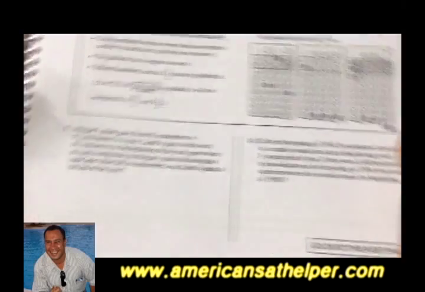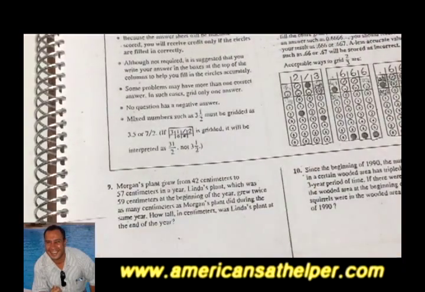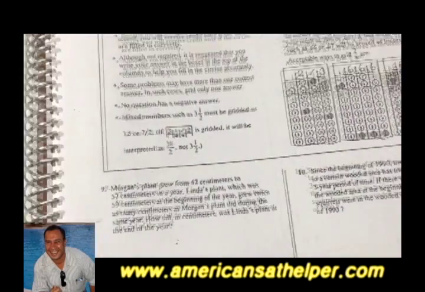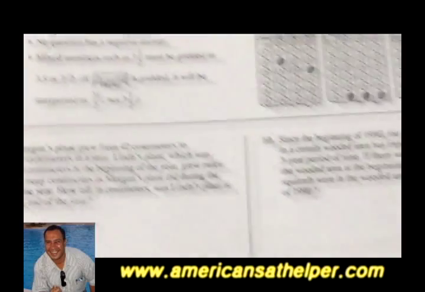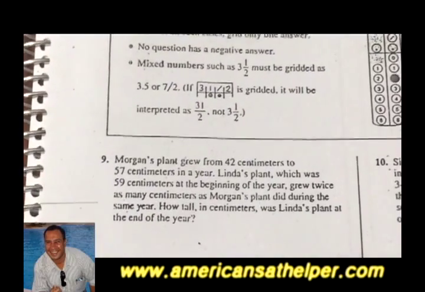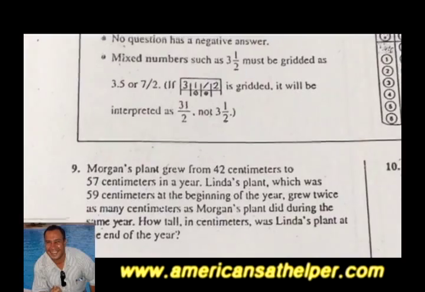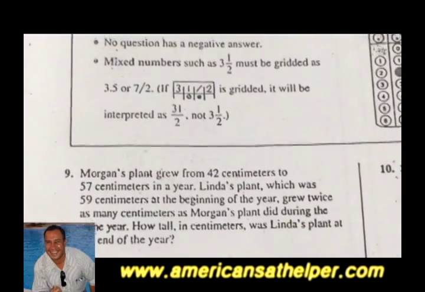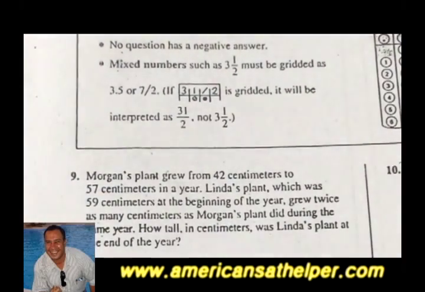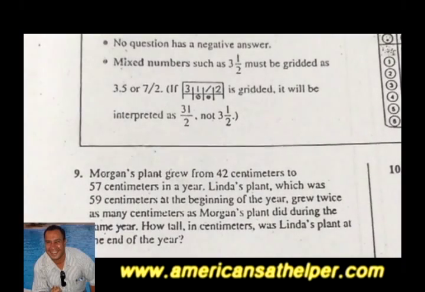Let's look at question number 9. This is a grade A question. This problem states Morgan's plant grew from 42 centimeters to 57 centimeters in a year.